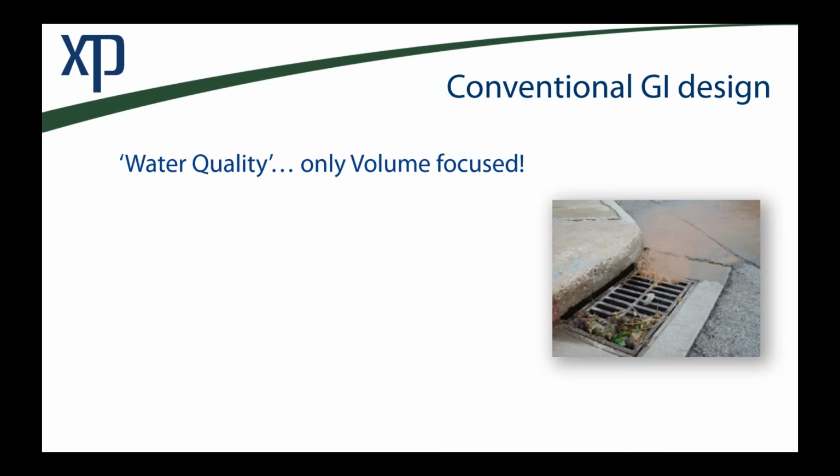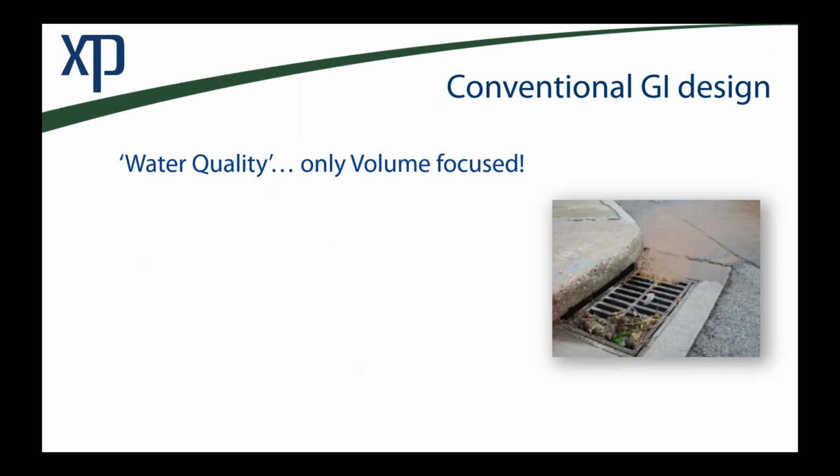So what is the conventional green infrastructure design workflow, if you will? We are going to incorporate green infrastructure. We're going to start out with this holistic approach to runoff drainage because we're trying to address water quality. That's the assumption we're making.